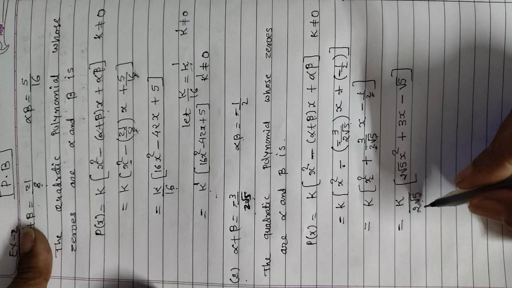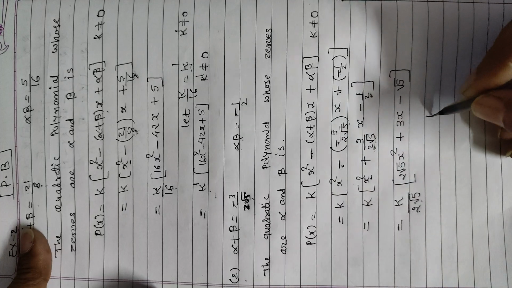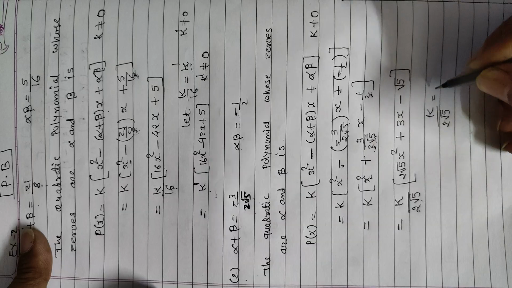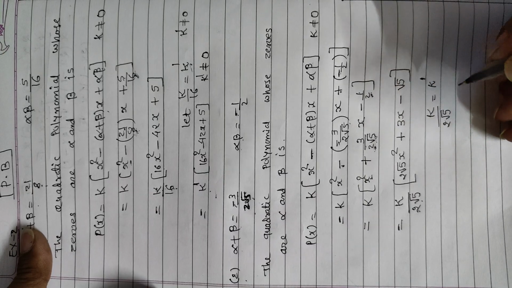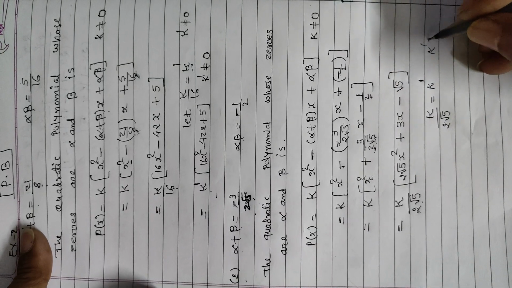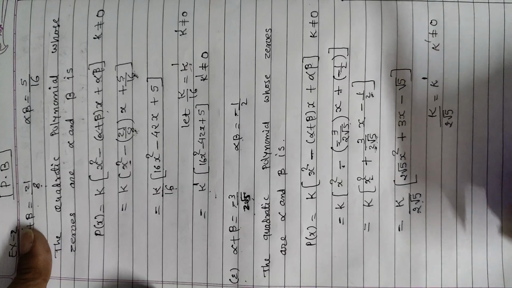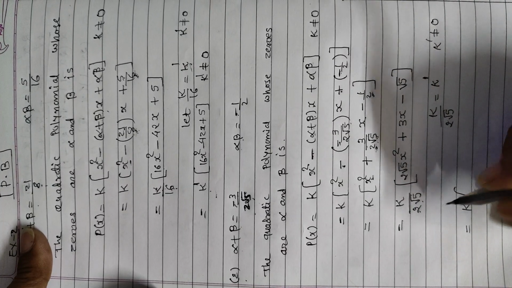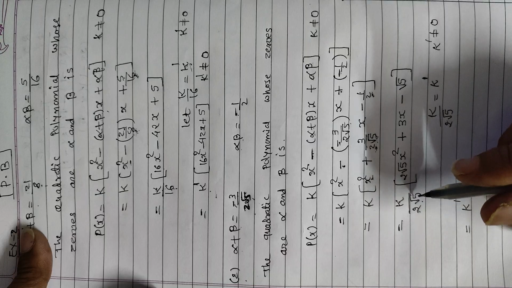And k is divided by 2 root 5, so you have to suppose it as k dash, where k dash is not equal to 0. So write k dash in place of k upon 2 root 5.